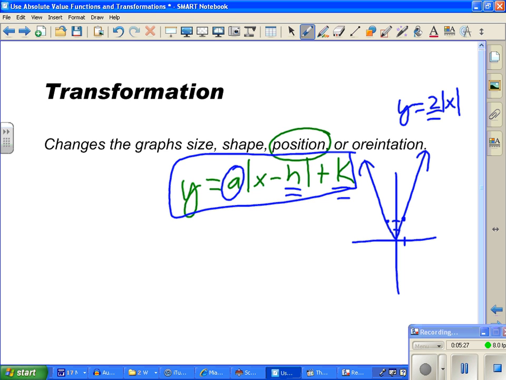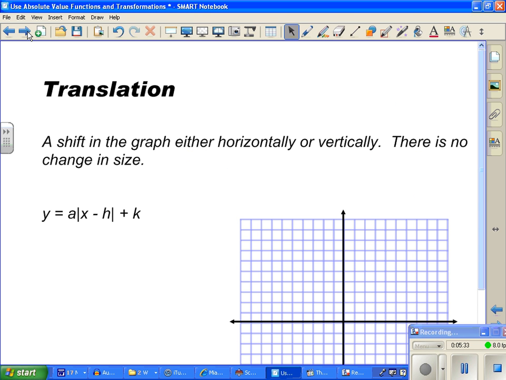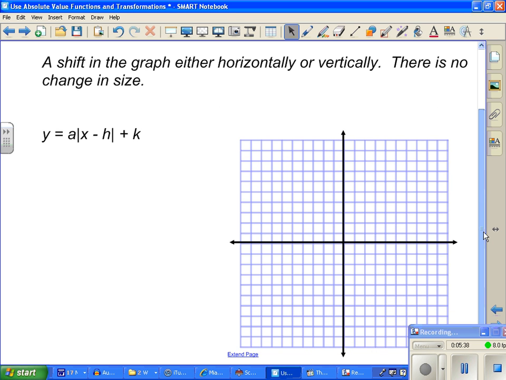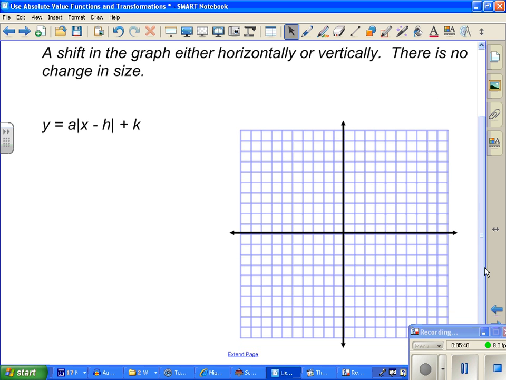Orientation, same kind of idea. Reflection, and we'll get there. Translation, a shift in the graph. There's no change in size. So in this case, y equals, we'll just do this, 2 times the absolute value of x minus 3 plus 2. First thing I do is find my vertex.